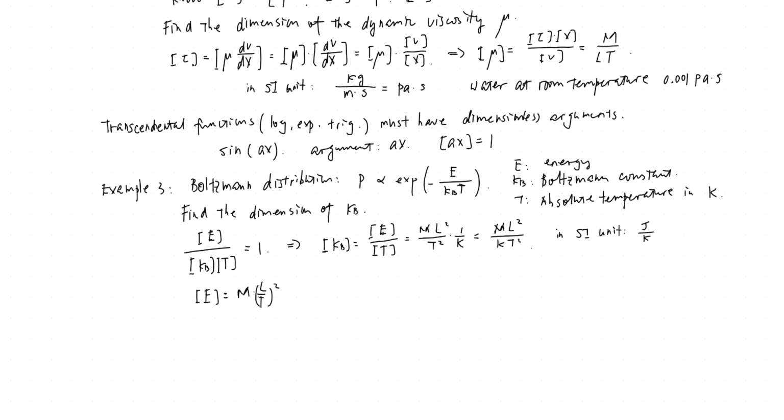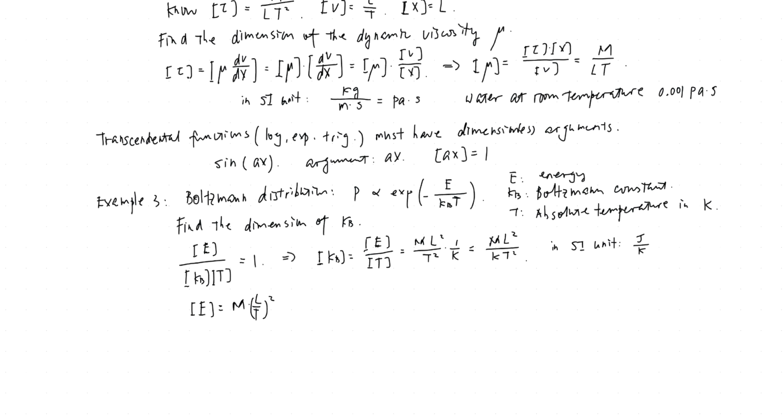And then all your analysis should be self-consistent, and you should get all the terms being of the same dimension in an equation, and also the argument of those transcendental functions must be one.